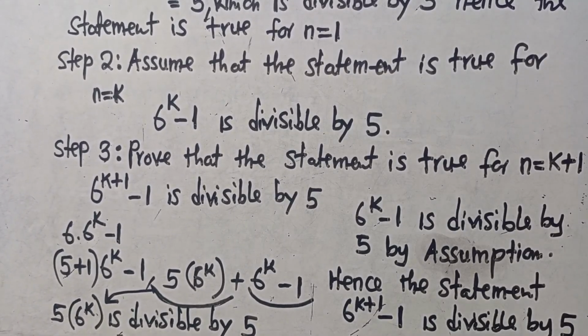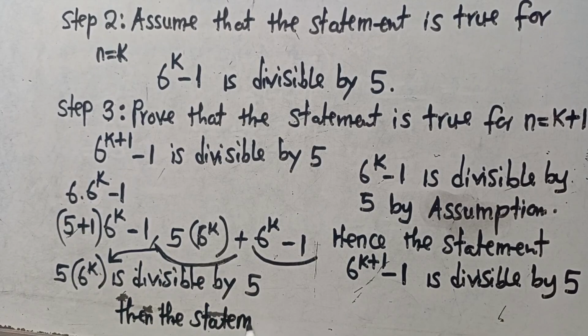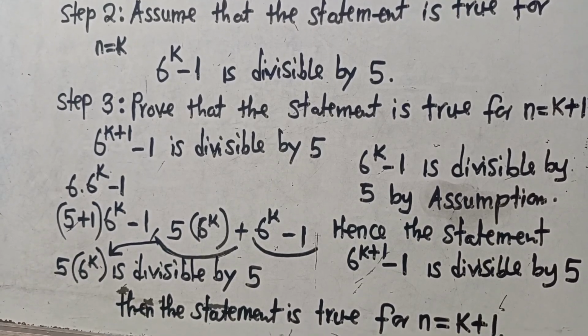This is what I need to show. Then the statement is true for n is equal to k plus 1. This is what you are supposed to do. You are done. So this is how we prove by mathematical induction.